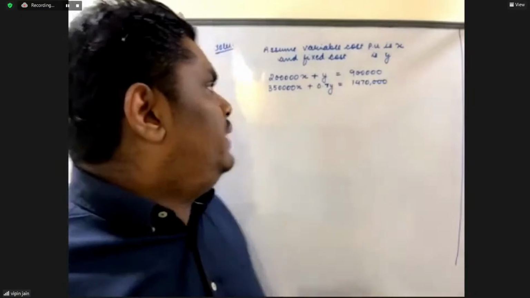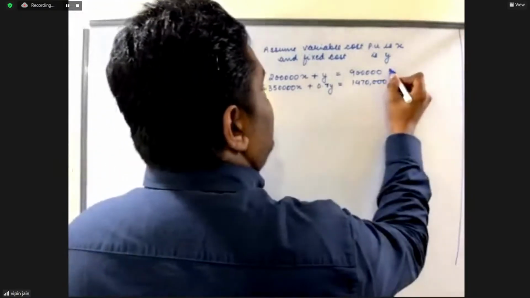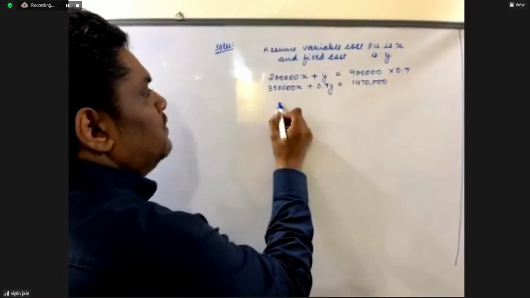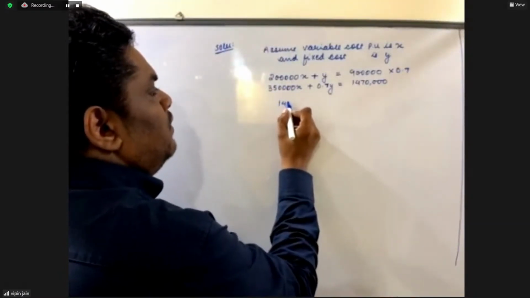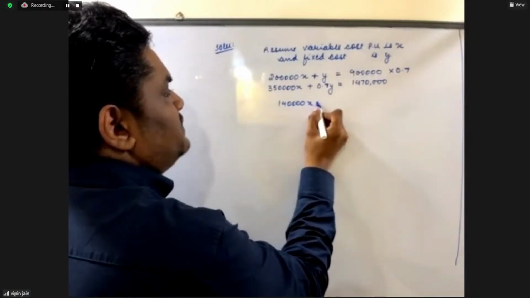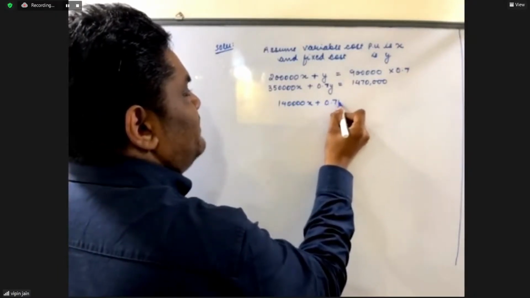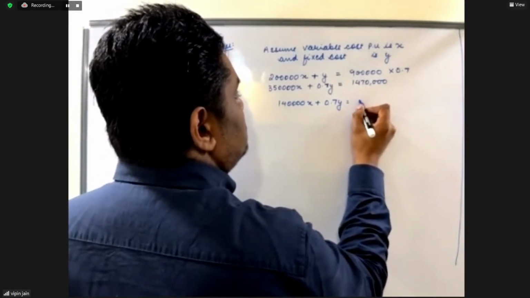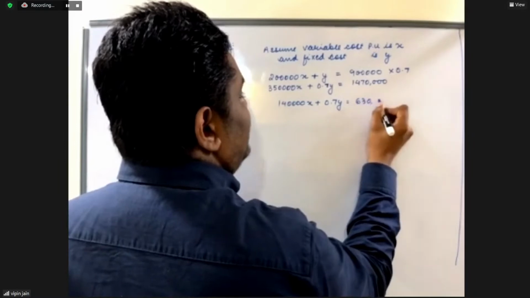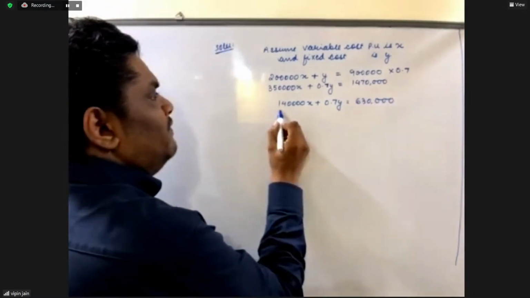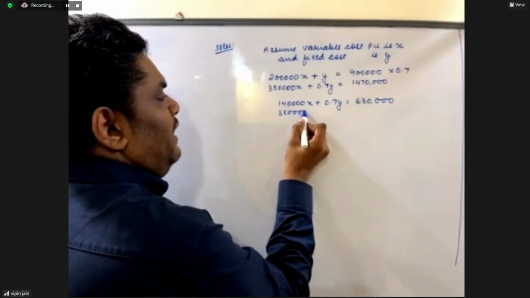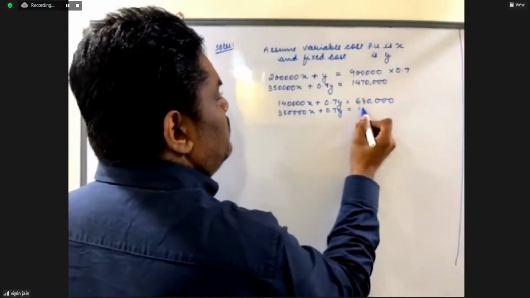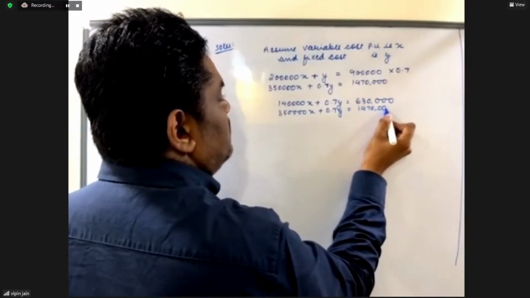So now you have to equate. What we will do is multiply the first equation by 0.7. So this will be 1,40,000 X plus 0.7 Y is equal to 6,30,000. Further, 3,50,000 X plus 0.7 Y should be equal to 14,70,000.